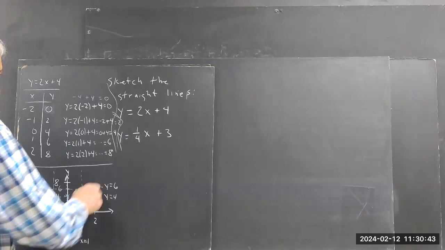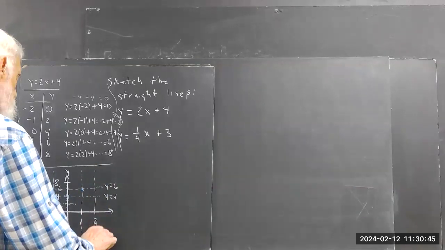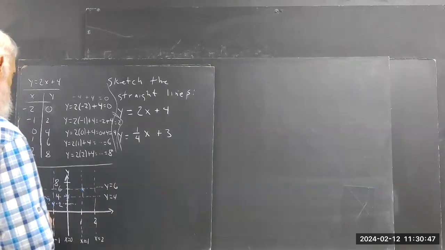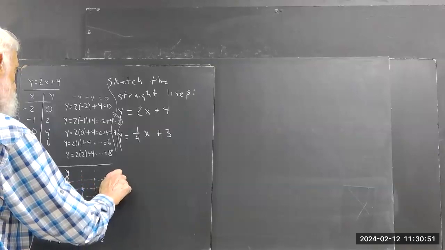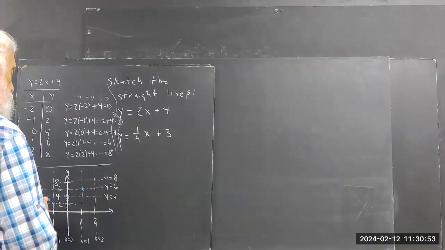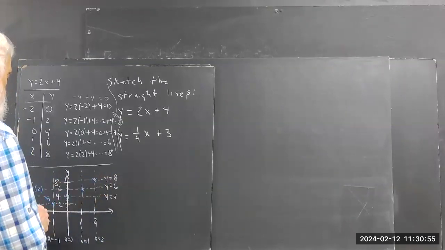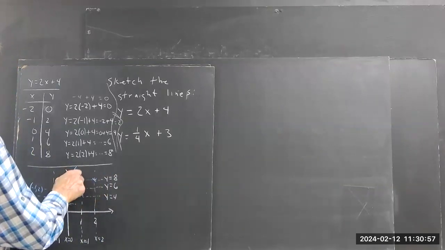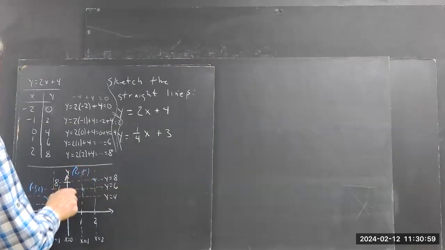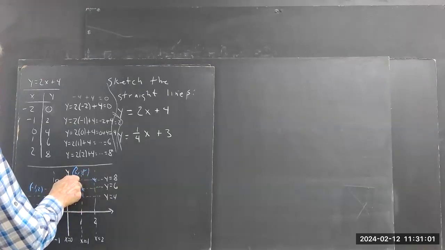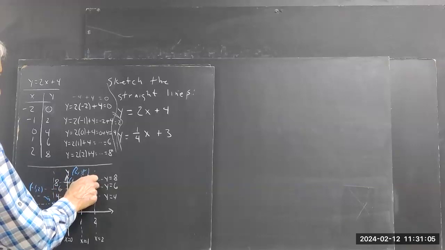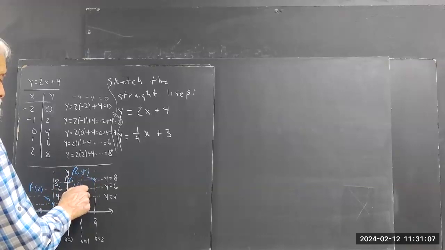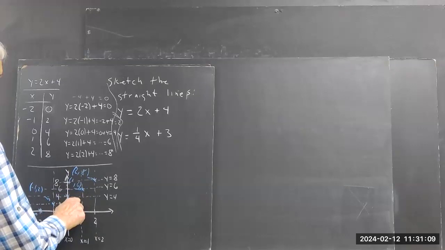And then finally, we'll draw a line x equals 2, and our line y equals 8, and we get the point here. Now this point is 2, 8. This point was 1, 6. And this point is 0, 4.